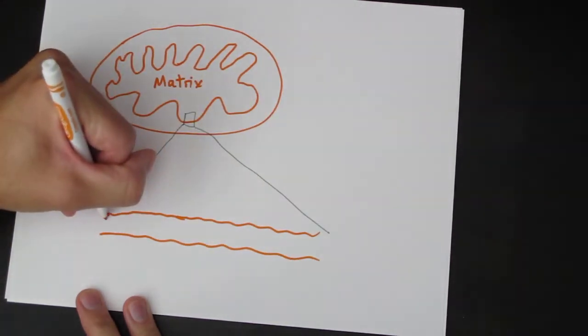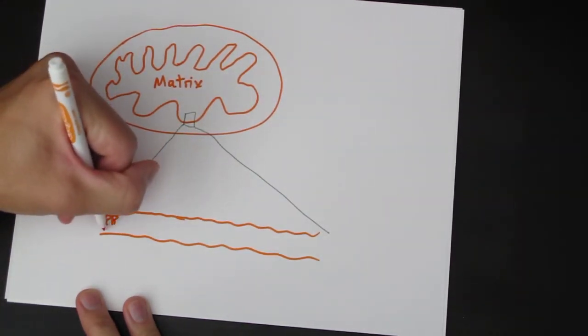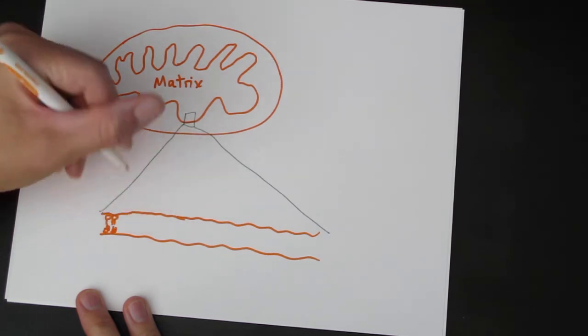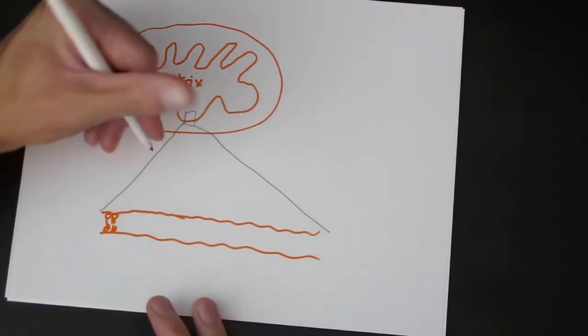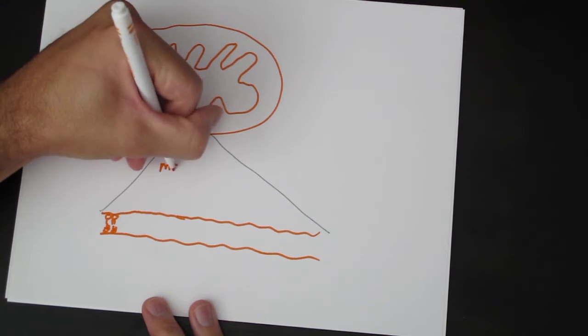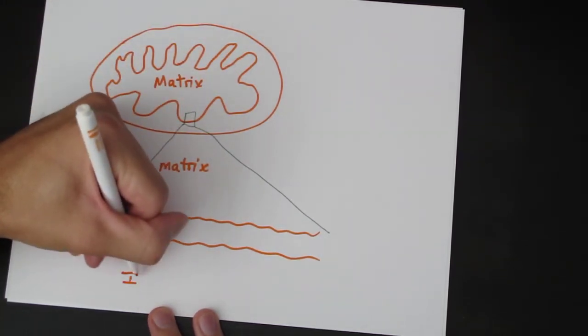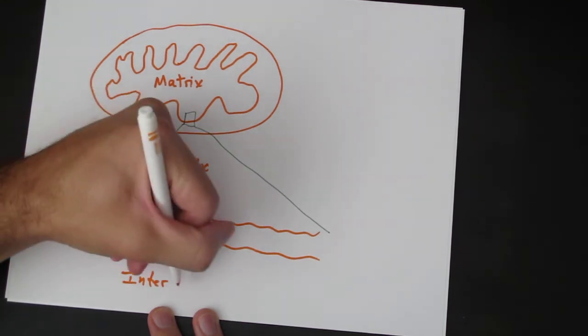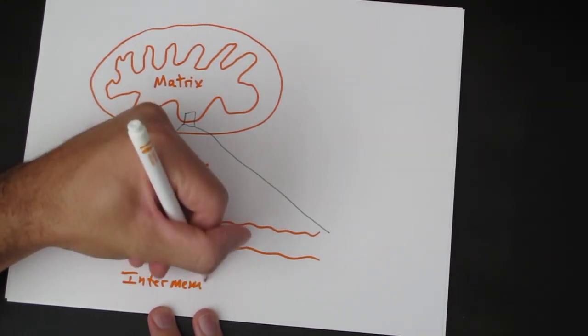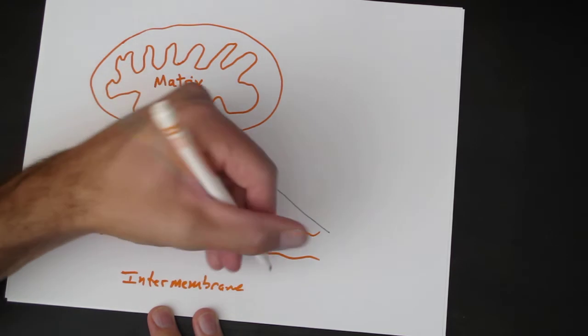I'm not going to draw all those phospholipids, but we know that they're there. There's my inner membrane. So out here is the matrix, and in here is what we call the intermembrane space.